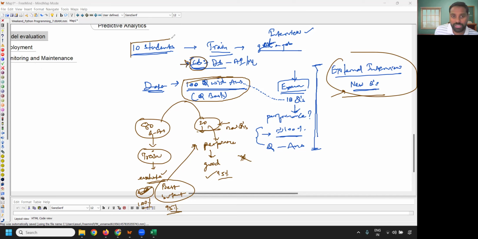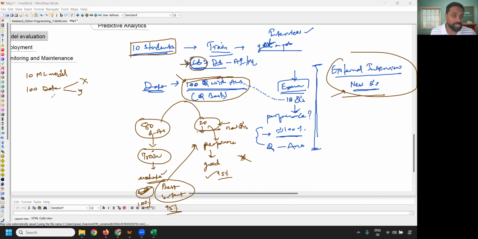So the 10 students that we are talking about are like 10 different ML models that we train. Train on what? We have 100 questions with answers. These are 100 data points which are labeled questions, answers. Okay, labeled data.